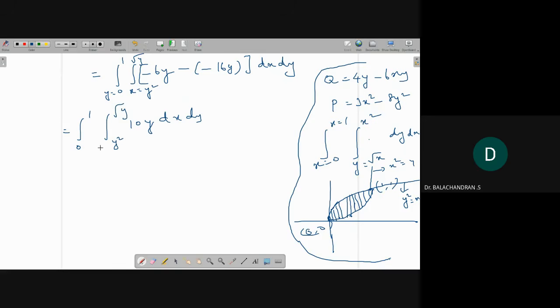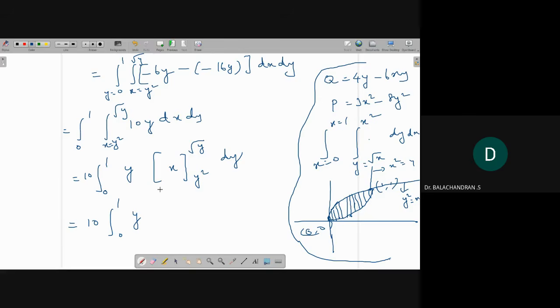So this is equal to 10 into integral 0 to 1. I should integrate with respect to x, so you keep y constant. X from y square to root y, into dy.